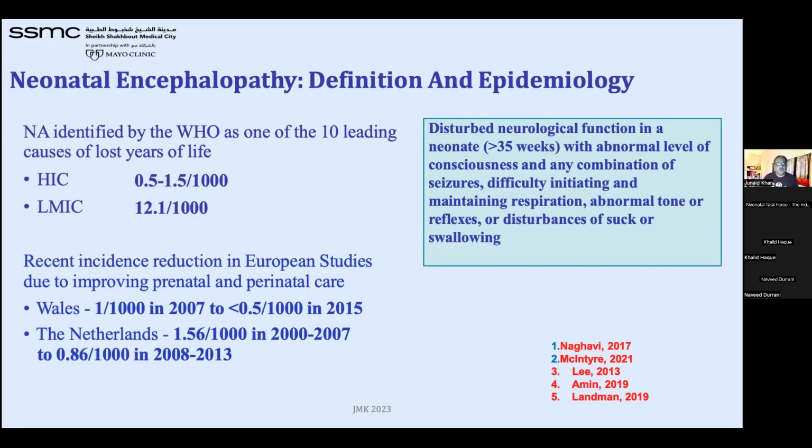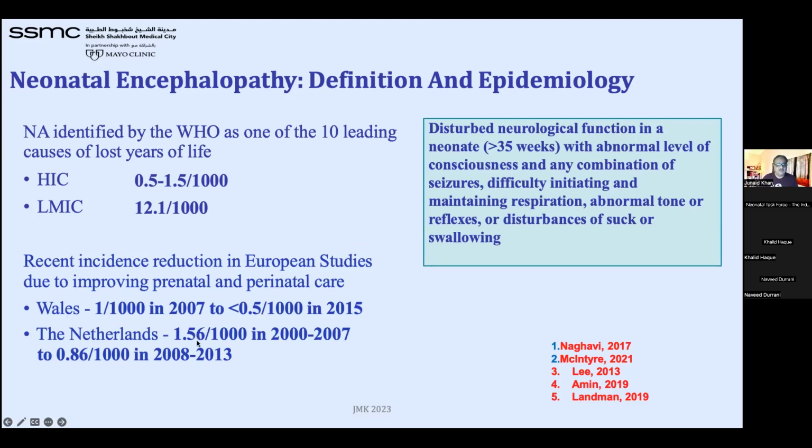As we all know, neonatal encephalopathy, what is the meaning of that? The epidemiology was already shared by Professor Sajjad last time. But look at this data from Wales, where in 2007 it was 1 out of 10, and then it reduced to 0.5.